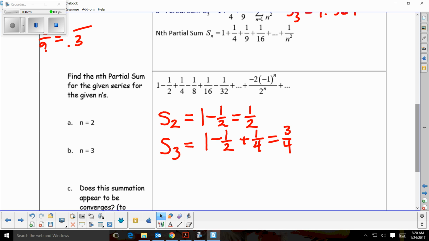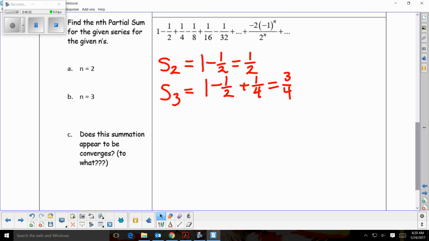So who's got a good estimate? Who went out for a while? How many terms did somebody go out to? S of what? Anybody got 10 terms? Did anybody find S of 6?